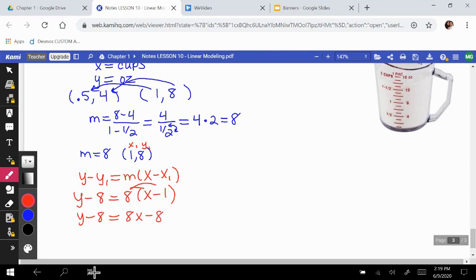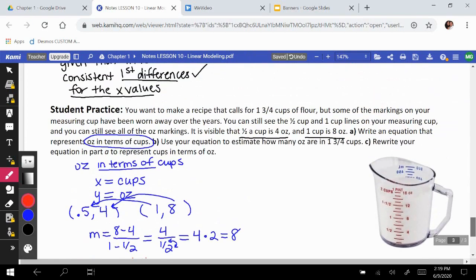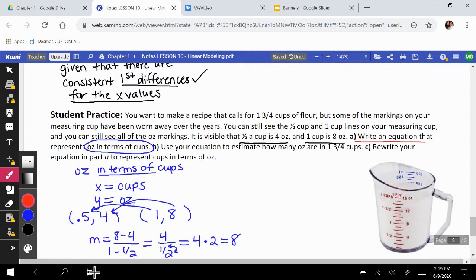We get 8x minus 8 when we distribute. And if I add 8 on both sides, oh, look at what happens. Really, that just goes away. So I get y equals 8x for part A. Okay, so I did part A. Write an equation that represents ounces in terms of cups. Check. Okay, so now I'm going to do part B.